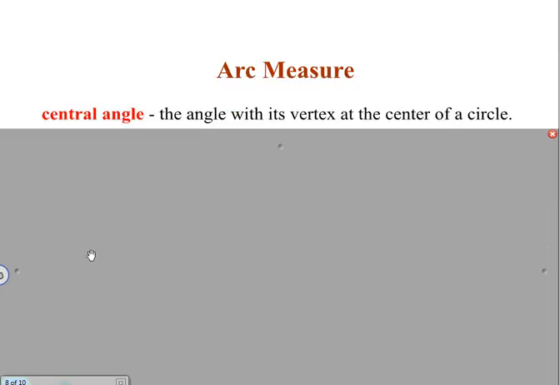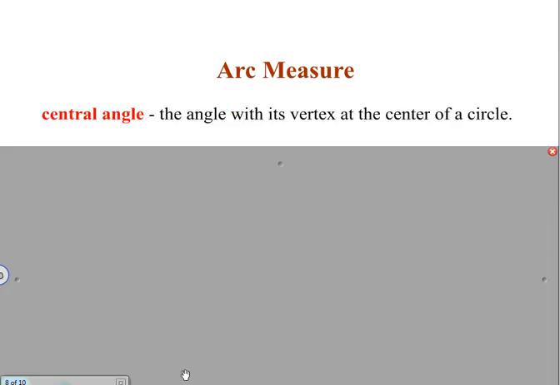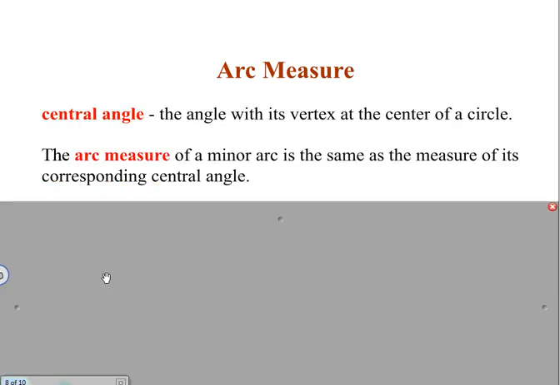Okay, so next we talk about arc measure. And we start with the definition of central angle. The angle with its vertex at the center of a circle. Arc measure. The arc measure of a minor arc is the same as the measure of its corresponding central angle.